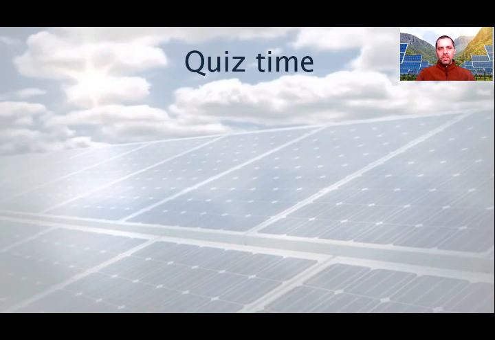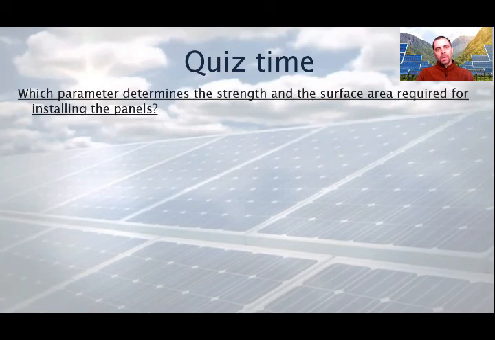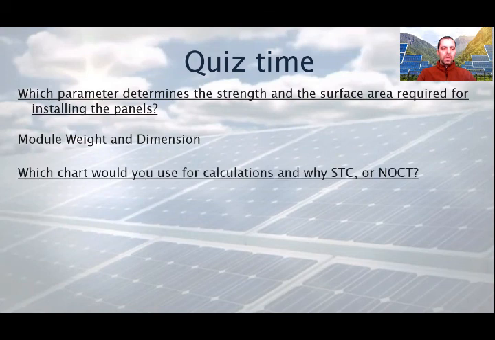We finished the topic, so it's time for a short quiz. Let's try to answer the next few questions. Which parameter determines the strength and the surface area required for installing the panels? It is the module weight and dimension. Which chart would you use for calculations and why?